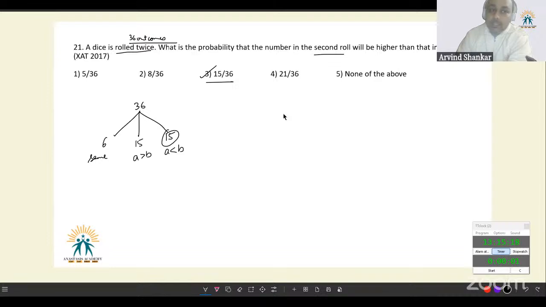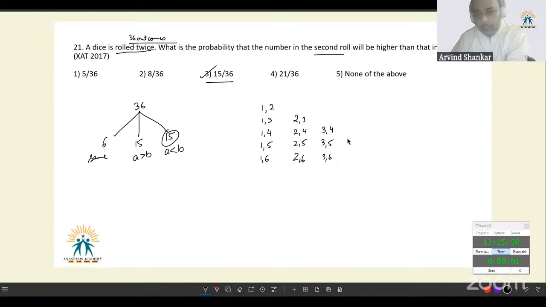Worst case में, this is the sort of question that I expect. जो अकलमंद है वो बड़ी जल्दी कर देगा, but जो अकलमंद नहीं है, और let's say quant is not our strongest suit, I would still expect you to go down this path. 1 2, 1 3, 1 4, 1 5, 1 6, 2 3, 2 4, 2 5, 2 6, 3 4, 3 5, 3 6, 4 5, 4 6, and 5 6.